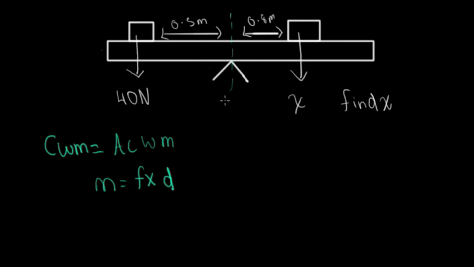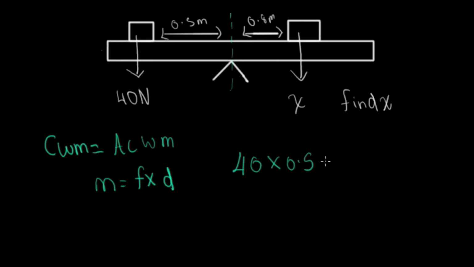That's what we always assume. So what we do is make an equation. We want the moments of the blocks on each side. So for this side, it will be 40 times 0.5, because of force times distance.